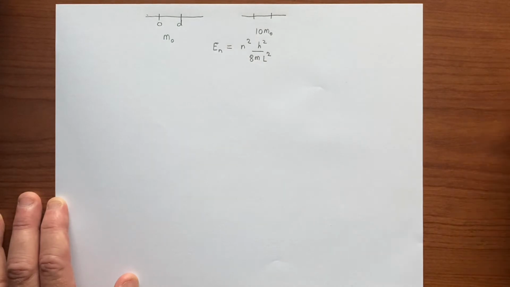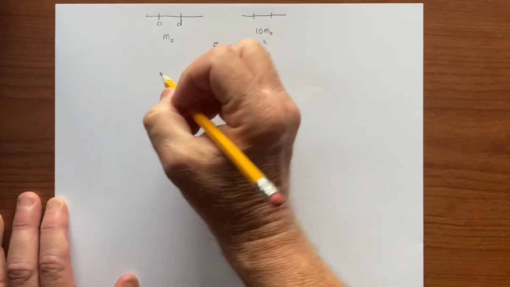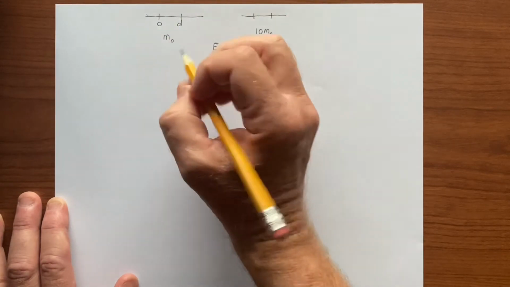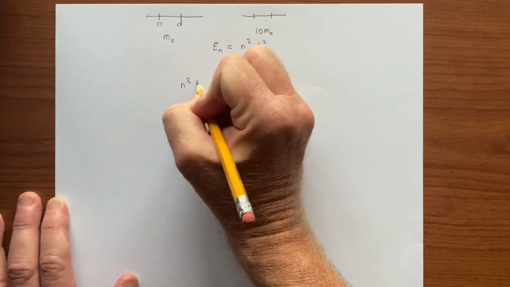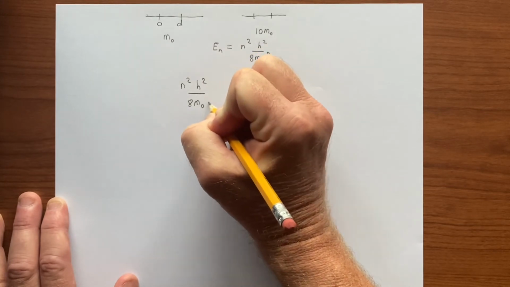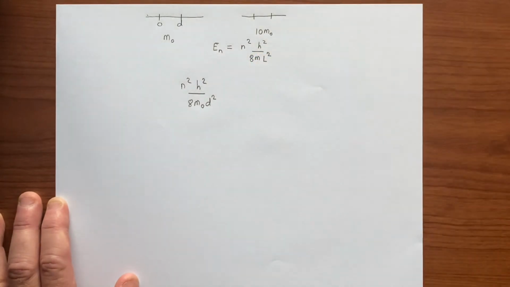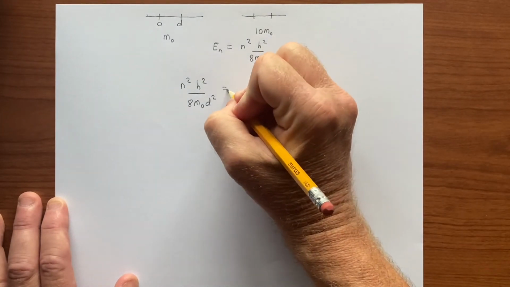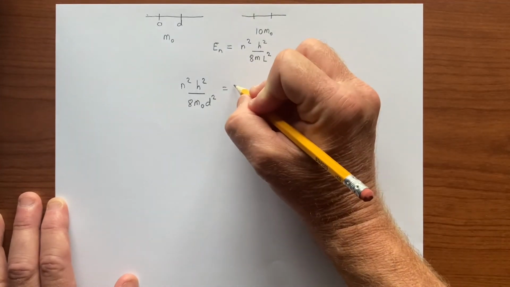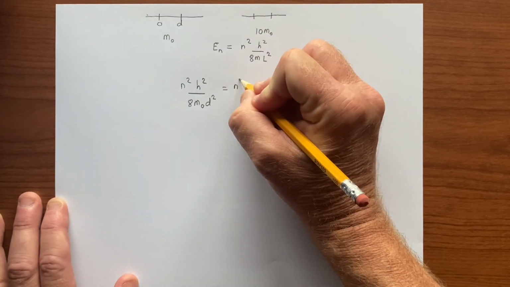Let's call that L squared. So for this system, we have n squared h squared over 8 m naught d squared. And what we're saying is that that must be the same for the other particle.